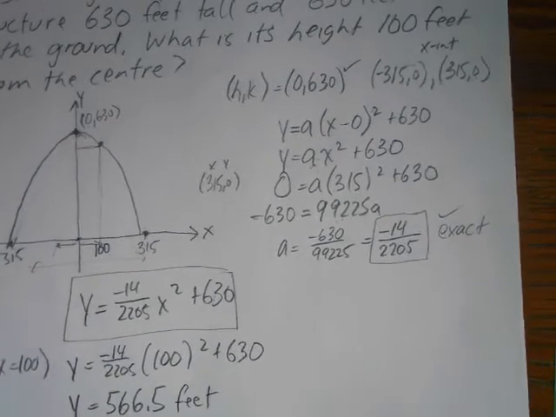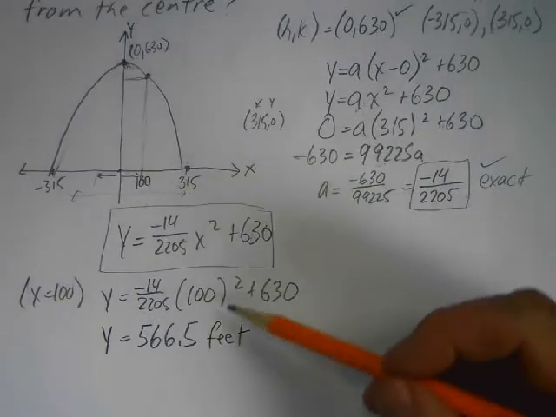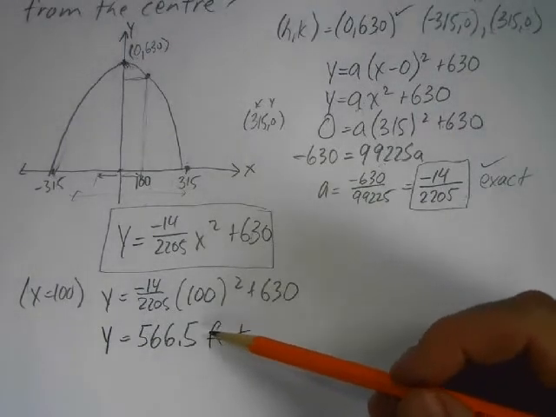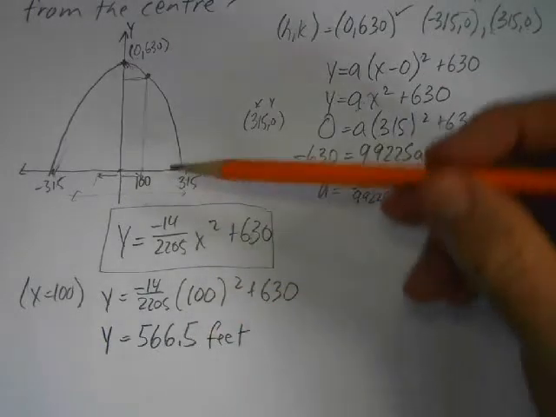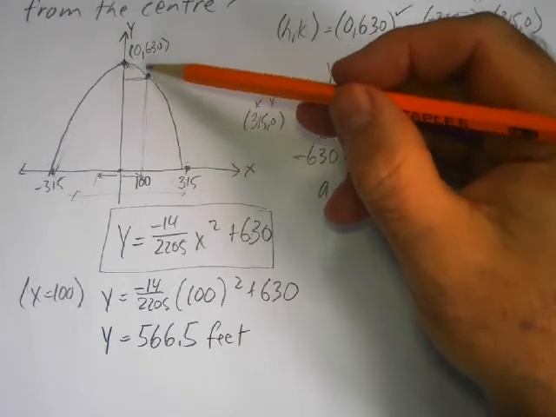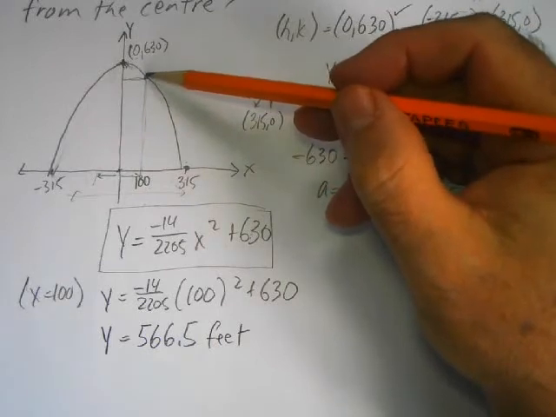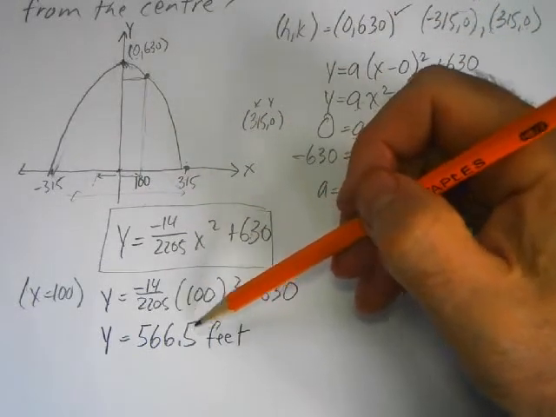Okay, and it's always good to do a little sanity check on your answer. See if you're in the ballpark, see if it makes sense. So does it make sense that that's 566 feet high? Sure. It's definitely below 630, but it's not too far below. So that seems like a reasonable answer.